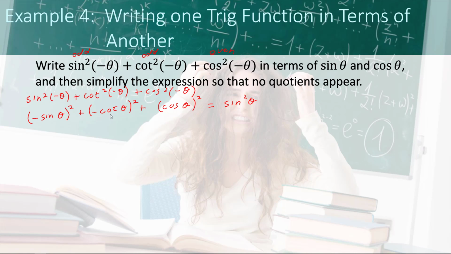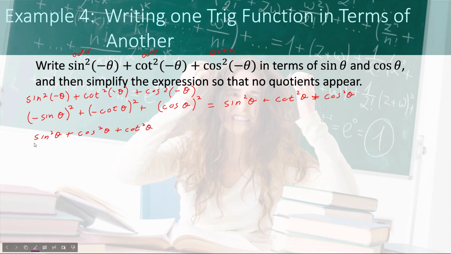The square of negative cotangent theta is going to be equal to cotangent squared theta. And of course, the square of cosine theta is just cosine squared theta.